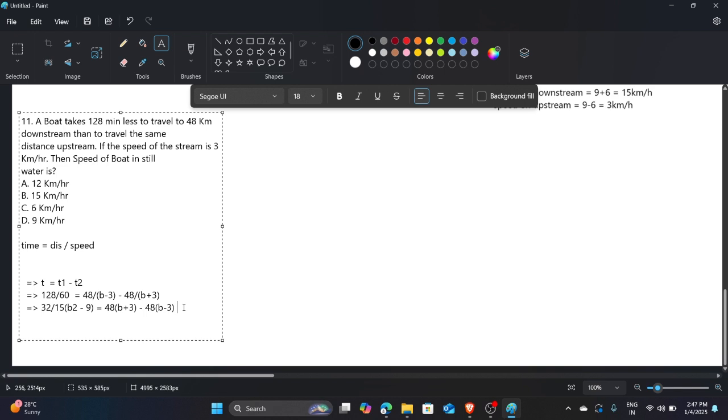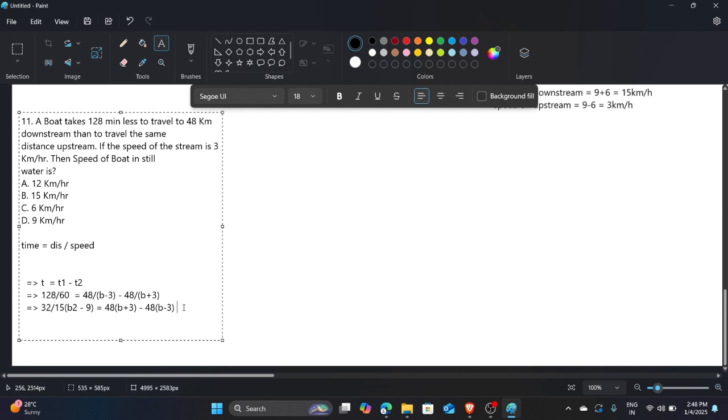I have made some mistakes here again. The 2 is here, so this 2 cancels, so there is a 9 only. And this is also cancelled, so 9 into 15 is okay.